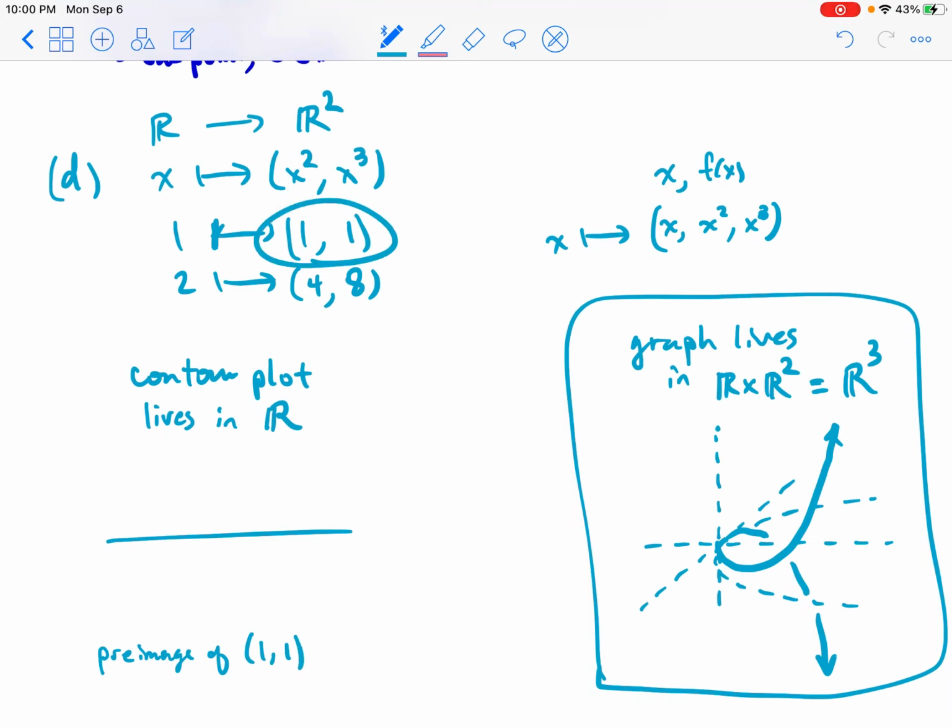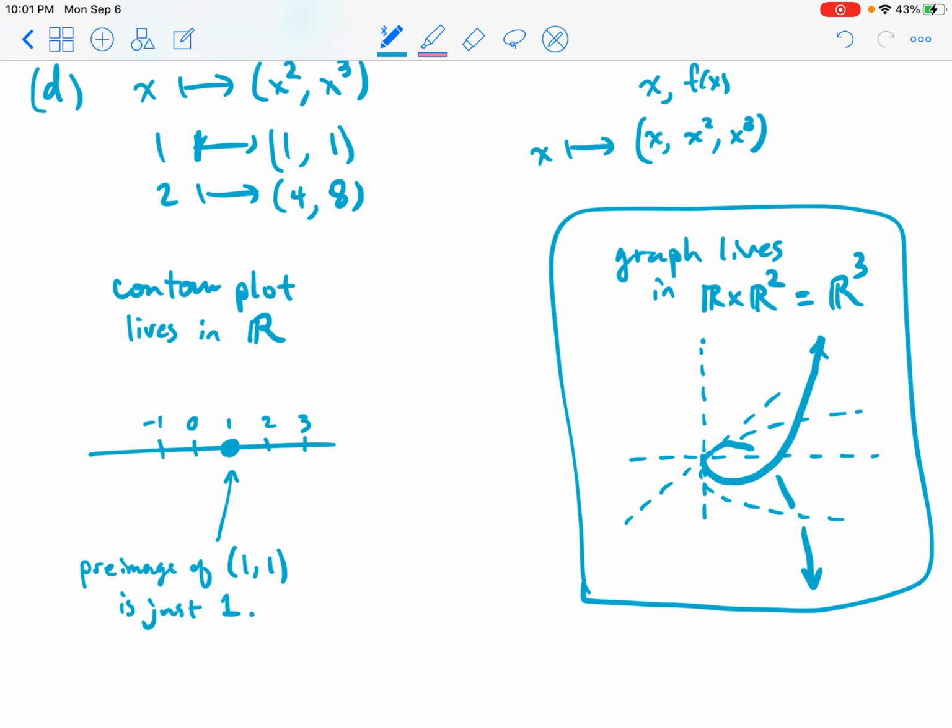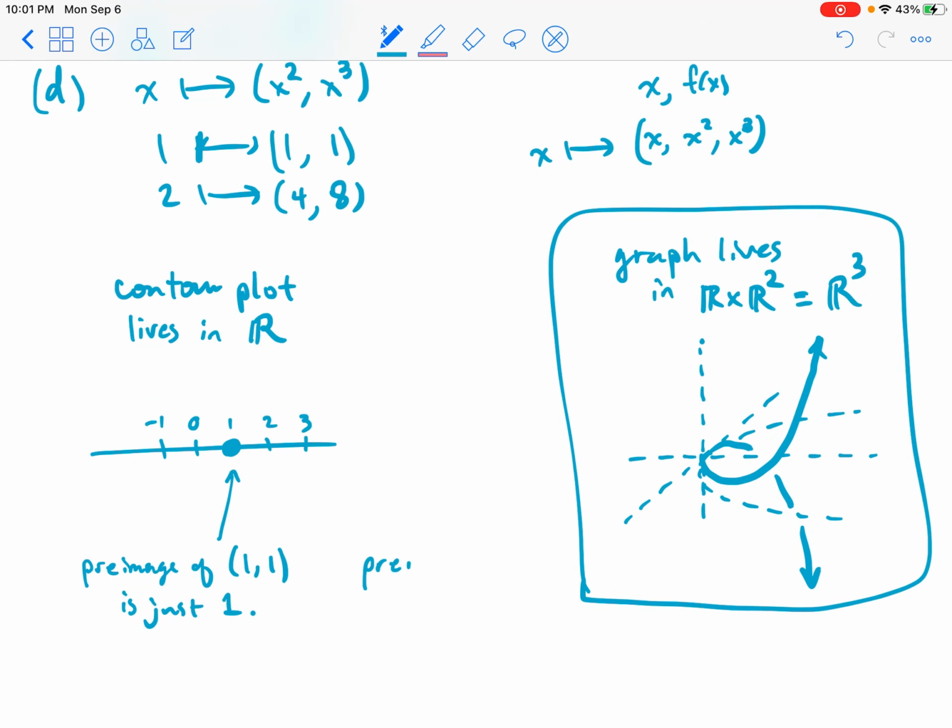In fact, there is a number which maps to that output, namely the number 1. And so let's say if this is 0, this is 1, this is -1 on our number line, 2, 3. Well, then the preimage of 1, 1 is just the point 1. So it's that one, that point.